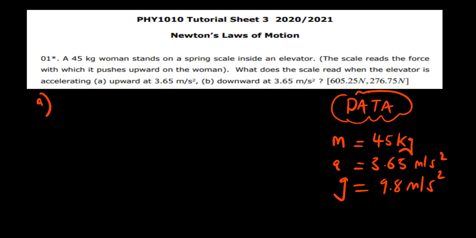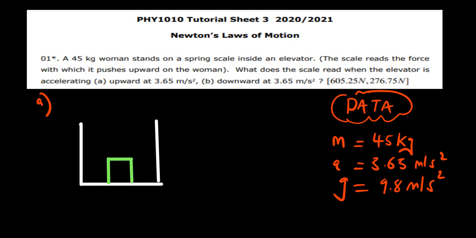If this is the information that we have, let's solve A now. Let's assume this is our woman, this is the elevator. This elevator is taking this woman upward. I'll not really draw the woman, but let's just assume that this is a woman.